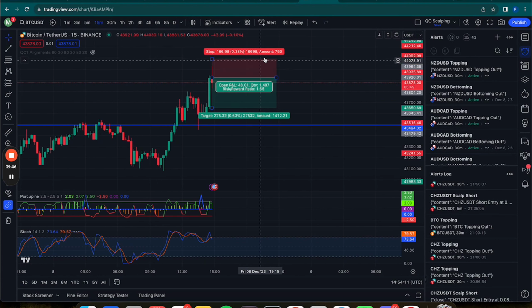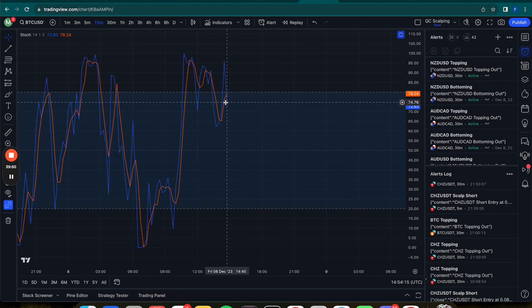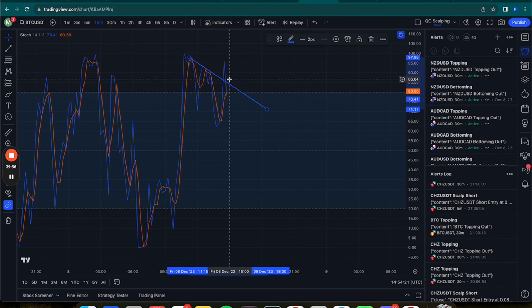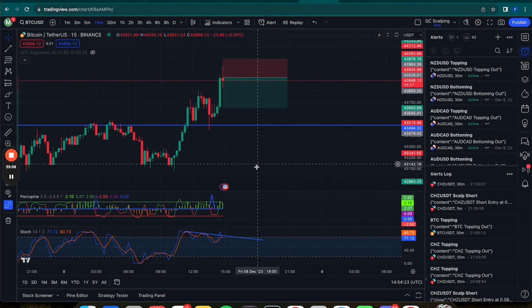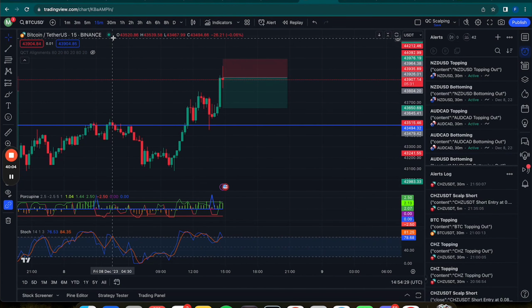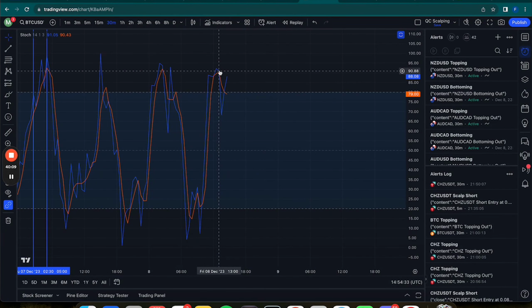Our 15 minute is showing a really nice candle here, and the big move up kind of slowed down. So we want a trend like this. We don't want to go above this level here, right? So that's something we will be looking at. What else do we have when we go to our 30 minute? Our 30 minute is doing just fine.